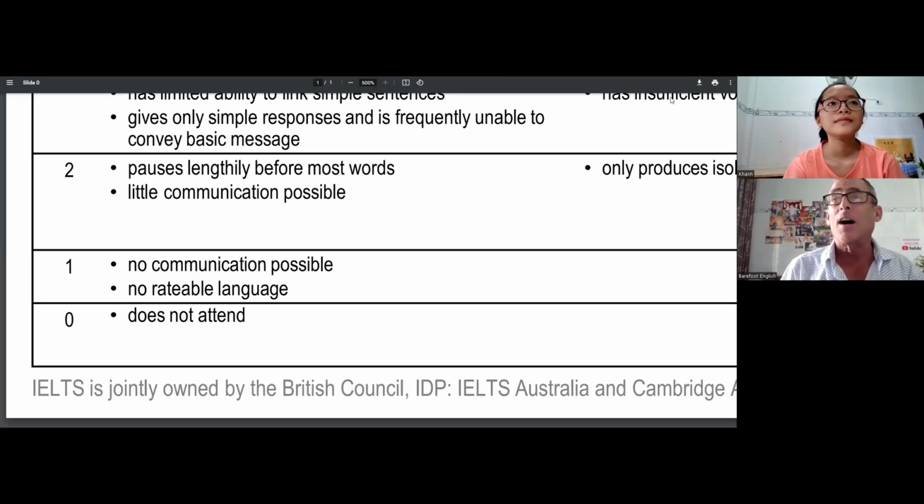Hi, Khanh. We are now going to review the band descriptors and do a self-assessment. That means that you're going to tell me how you feel about these descriptors in relation to your use of language.